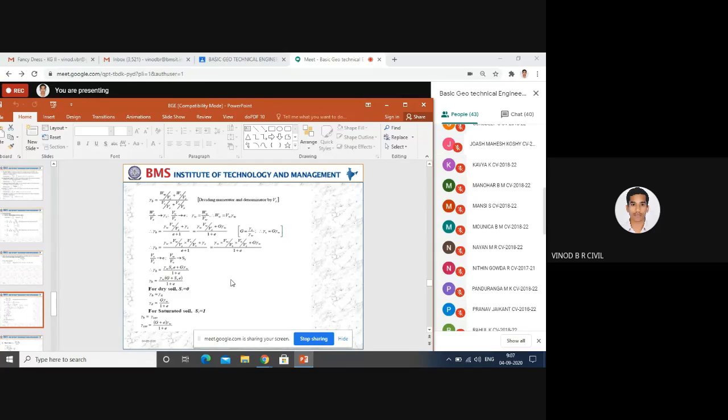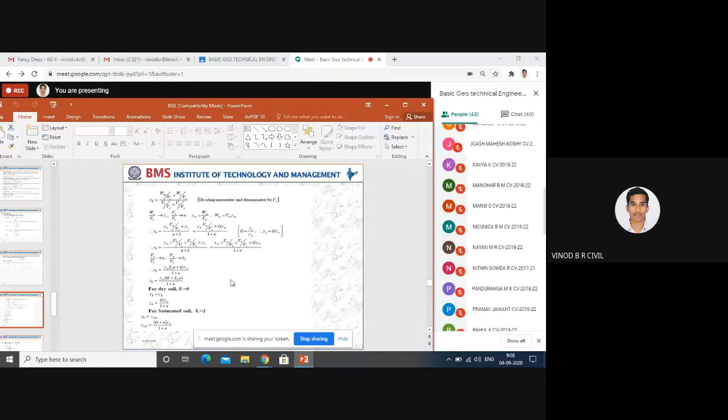Therefore, gamma b is equal to unit weight of water, gamma w, into S_r, the degree of saturation, into e, the void ratio, plus G into unit weight of water, gamma w, divided by 1 plus e. Therefore, gamma b is equal to gamma w into (G plus S_r into e) divided by 1 plus e. This is the bulk unit weight.